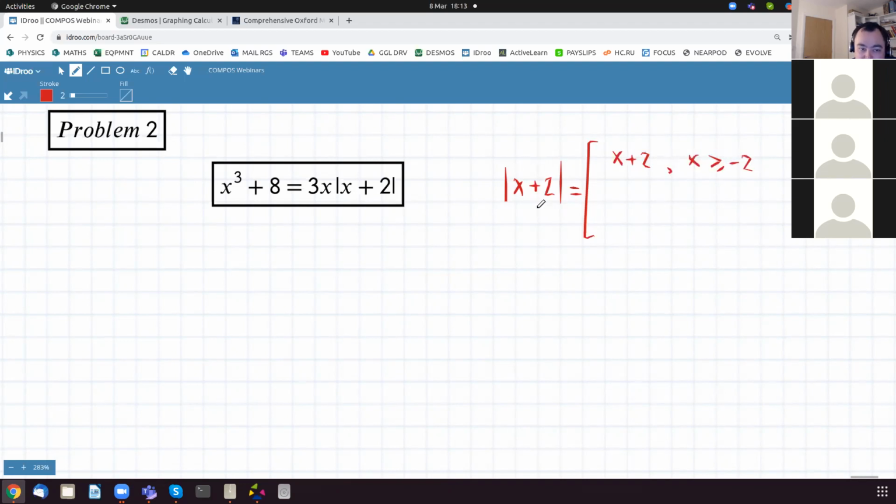So when the thing in the modulus is positive, we don't change the sign. If the number is negative, we change the sign. So minus x minus 2 if x is less than minus 2. Okay, so first case, x is greater or equal to minus 2.